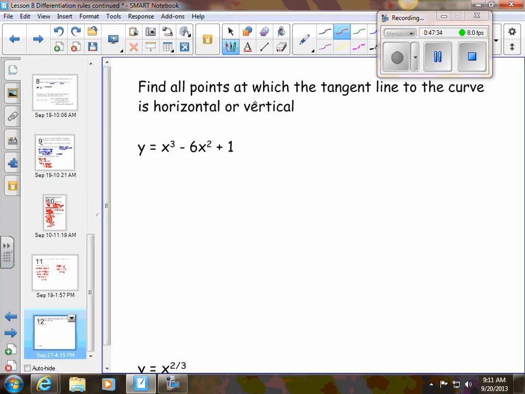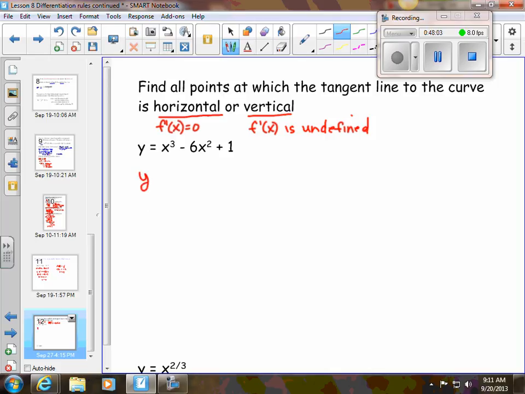Find all points at which the tangent line to the curve is horizontal. That means the derivative is 0. Vertical means the derivative is undefined. So it all hinges on the derivative.